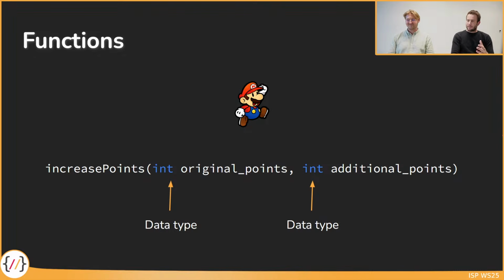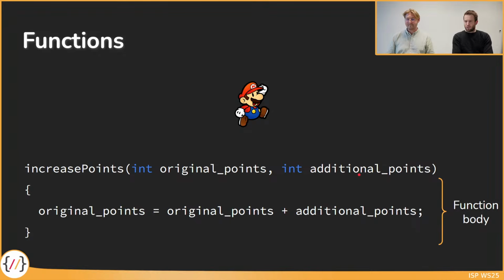But the parameters also have data types, so I have to specify of which data type the parameter is. In our case, we want to pass an integer, the original points, and we also want to pass additional points to the function so that the function can then add those two values to get a new value out of this calculation, which is then the new amount of points Super Mario has.